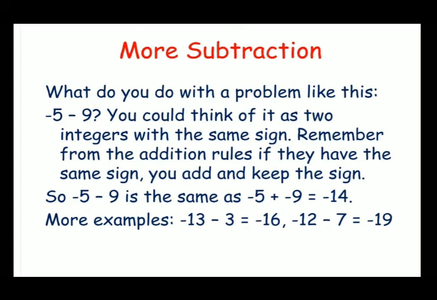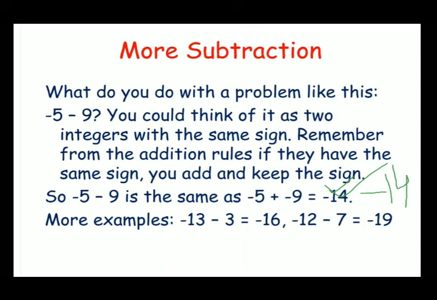So minus 5 minus 9 is the same as minus 5 plus minus 9, which is equal to minus 14. Here you can see both have a negative sign, so the answer will also have a negative sign. And what is 9 and 5? If we add 9 and 5, what do we get as the answer? 14. So the answer will be minus 14.